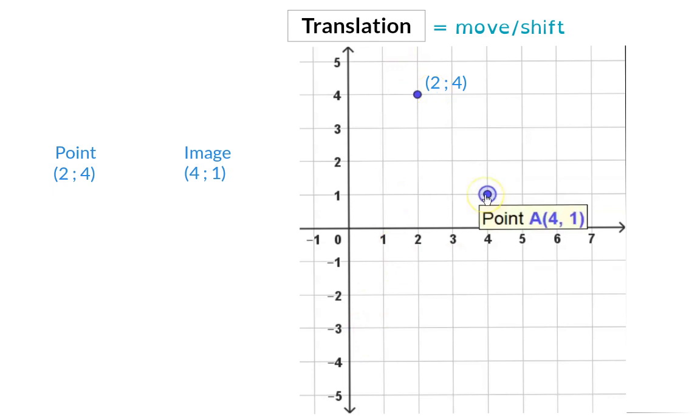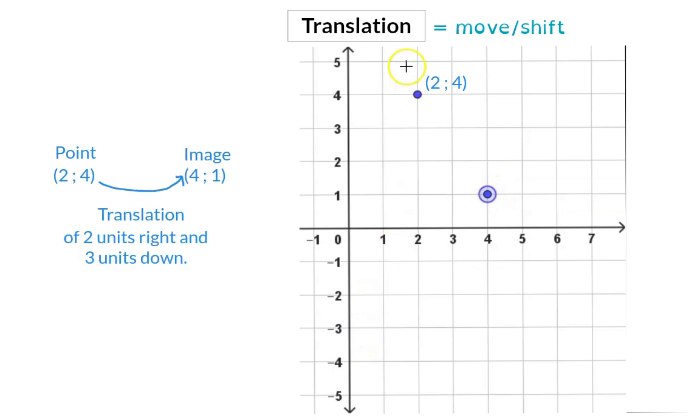To describe the transformation that happened from the point to the image, we are firstly going to say this was a translation, and more specifically, a movement of 2 units to the right and 3 units down. Each type of transformation has a general rule that can describe it.